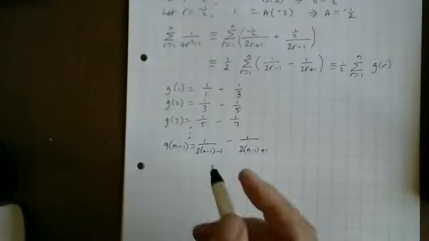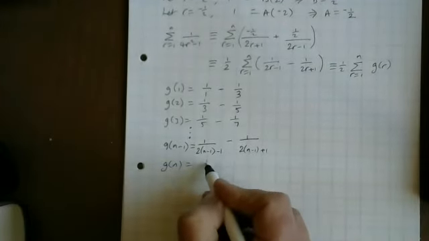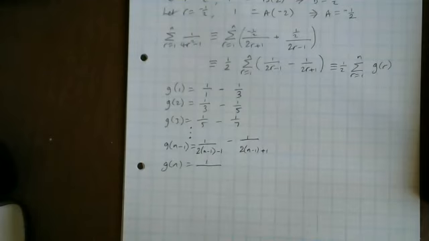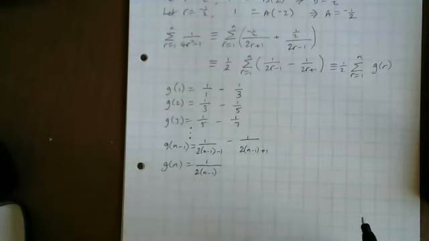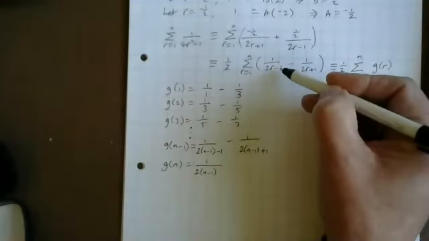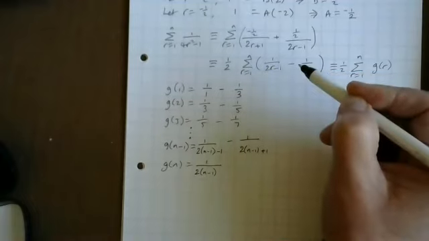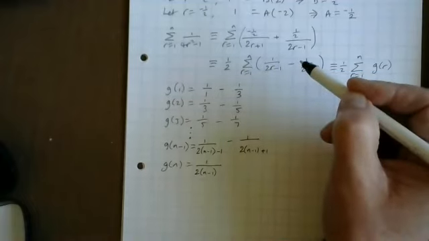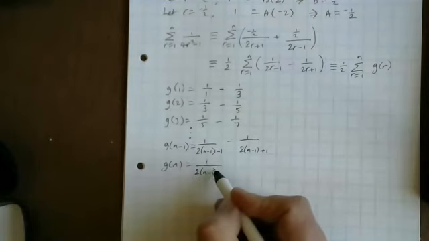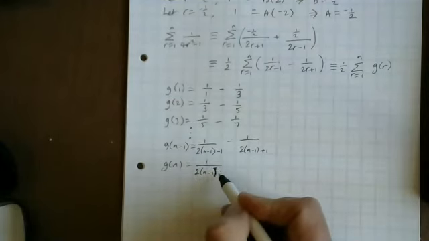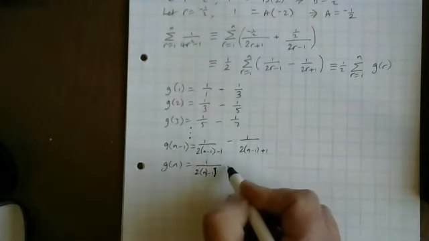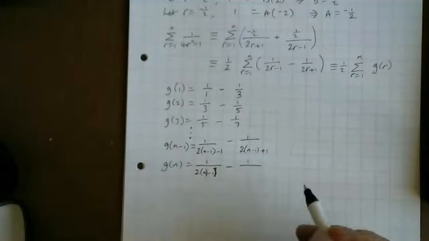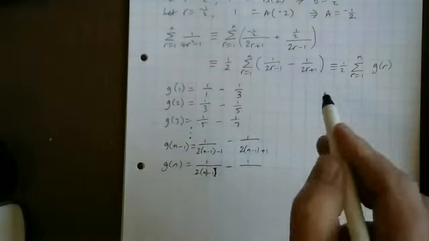And g of n is 1 over 2n minus 1, inside a bracket, sorry. No, my apologies, wrong. It's 1 over (2n minus 1) minus 1 over (2n plus 1).